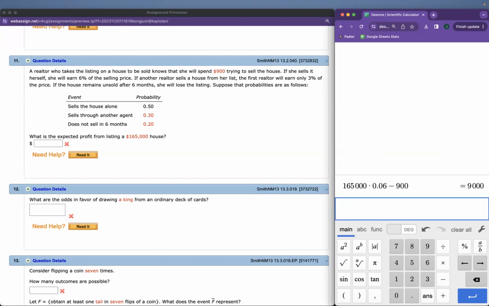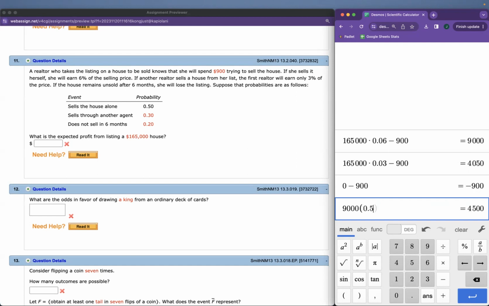That's the first value. Second value, 165,000 times 0.03, but then minus 900, your net is 4,050. Third outcome, she doesn't sell the house, which means she doesn't get any money, but she still has to pay the $900 towards trying to sell it, so you're out negative 900. So your three values are 9,000, 4,050, and negative 900, and their probabilities are given to you.